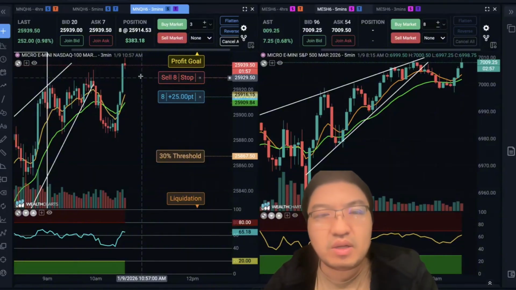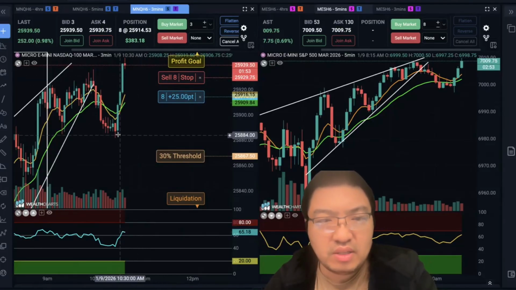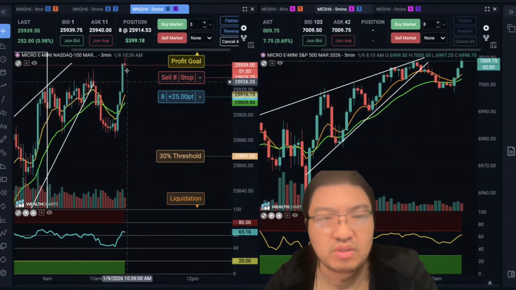Yes, it's still a green candle. 3 minute, we'll see, we'll see. Oh my God, what's going on with this momentum? Sideways and something, there's no consolidation. Something happened.